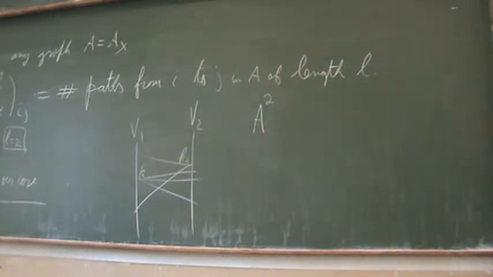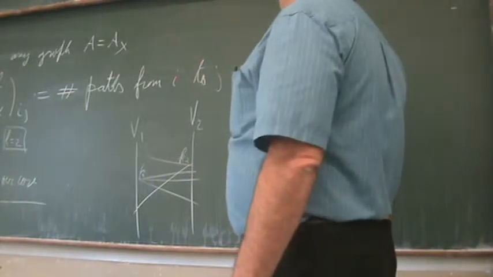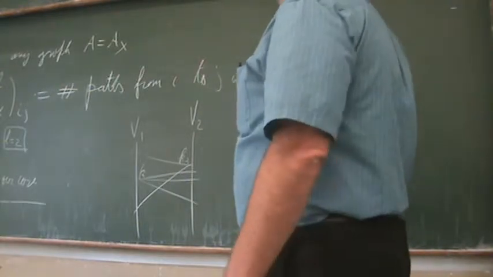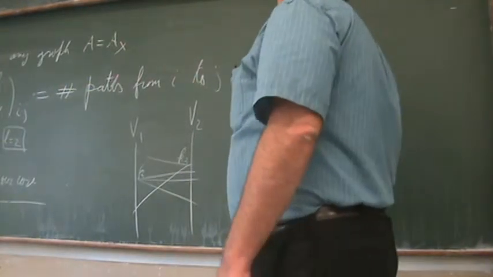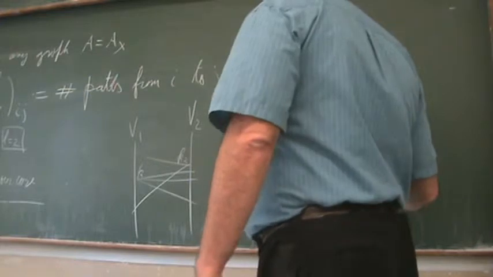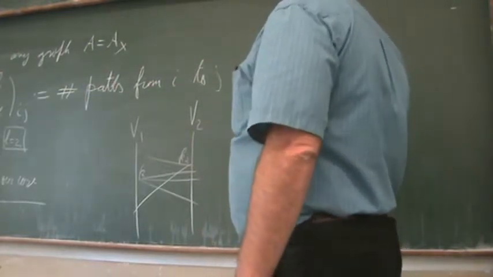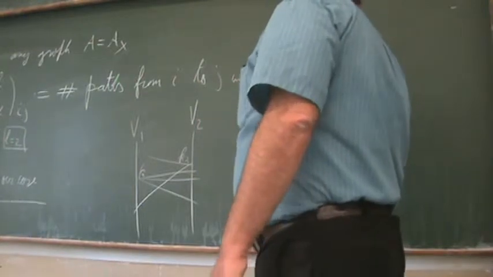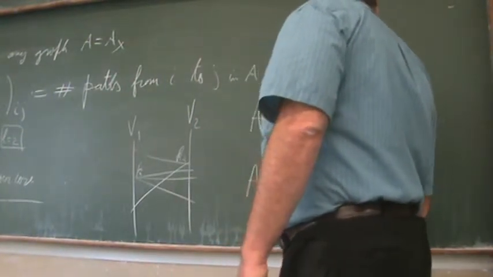We know what A squared is, right? It's the number of paths of length 2 from point to point. I claim that A squared will look like that. In fact, if you have a bipartite graph, then the form of A is always something like this: 0 here, some B here, B transpose here, and 0.